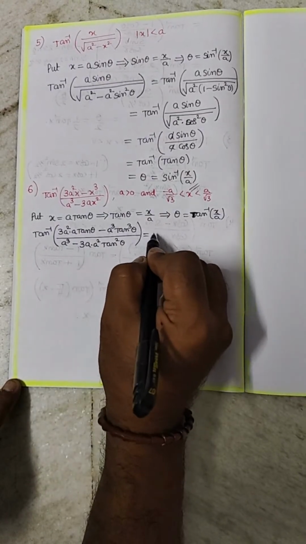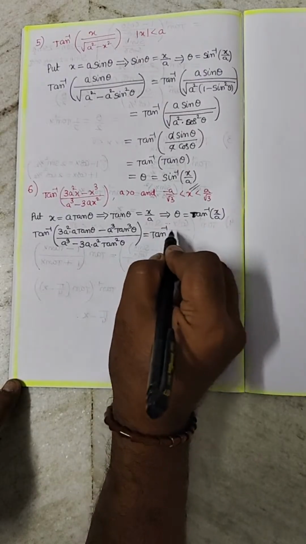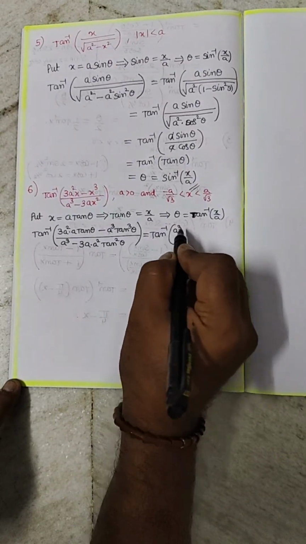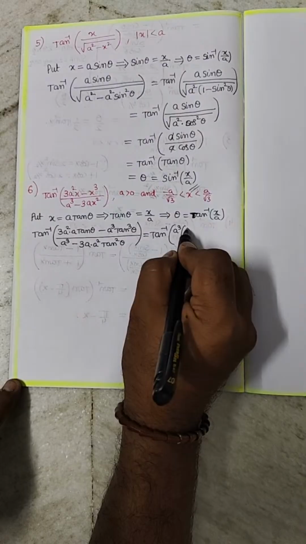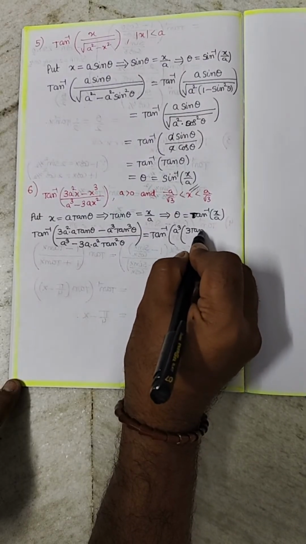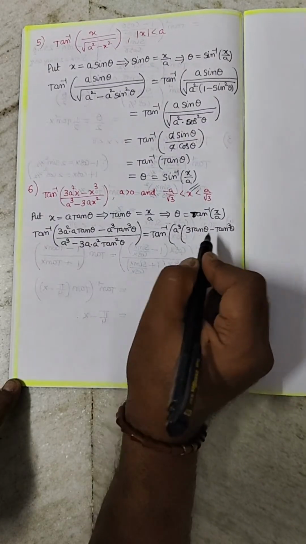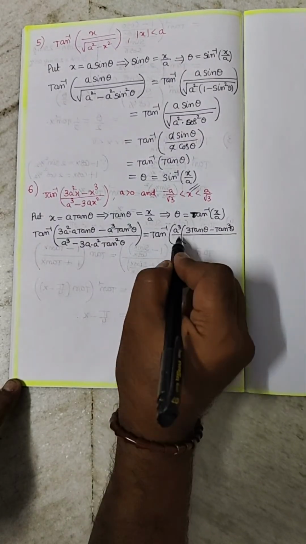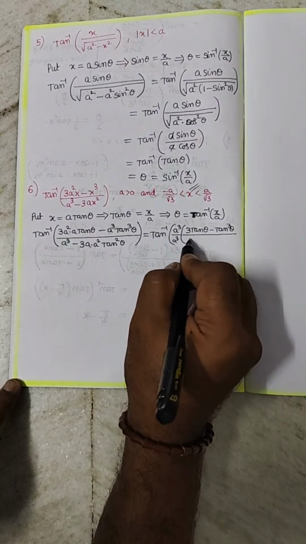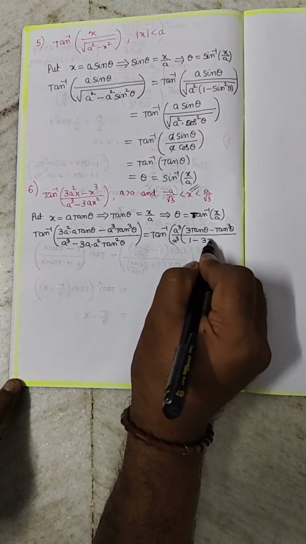So from the numerator, take a cube common, remaining 3 tan theta minus tan cube theta, divided by a cube, take common, 1 minus 3 tan square theta.